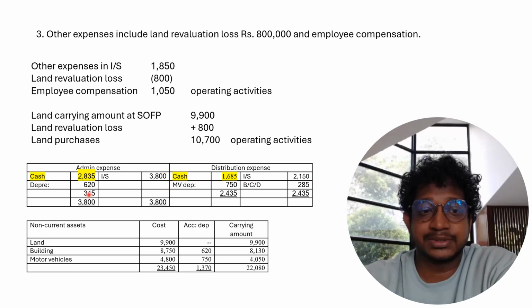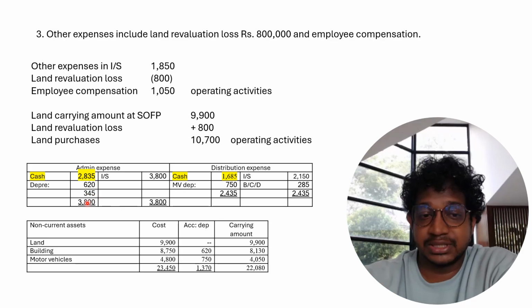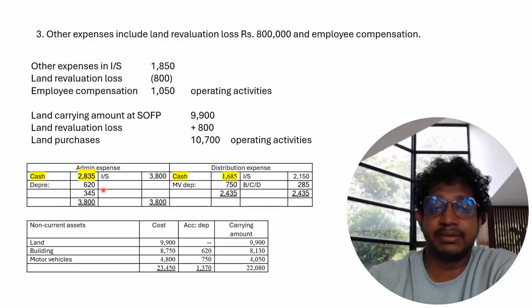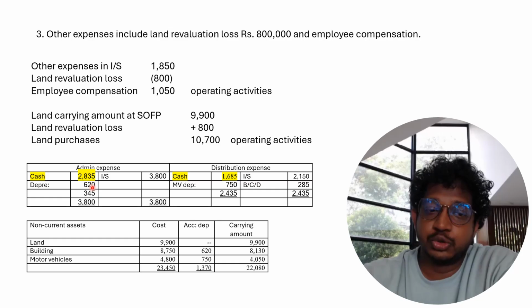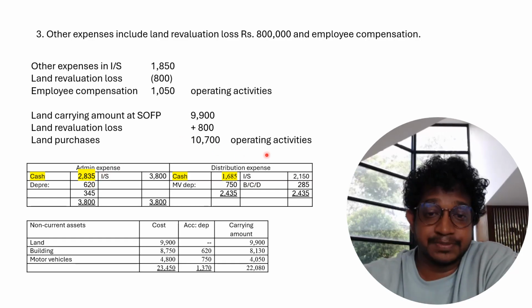From that, you have to subtract depreciation 620, which is non-cash flow, and still payable as at closing date 345. So the cash amount that you paid for administration expenses is 2,835.